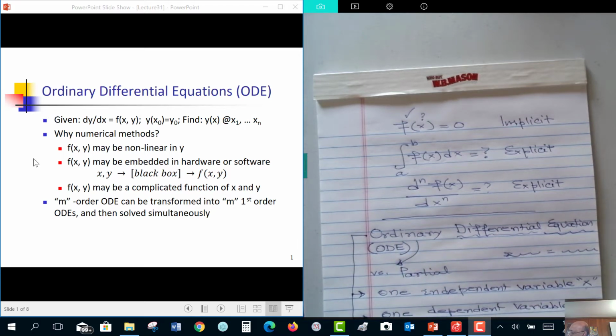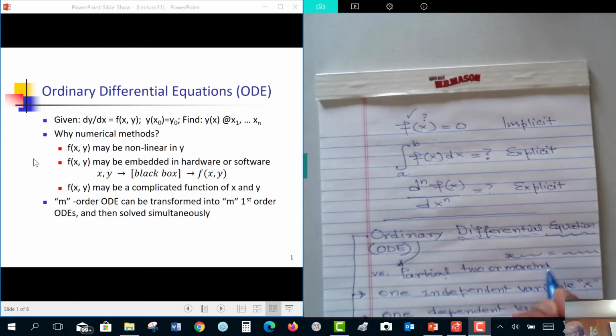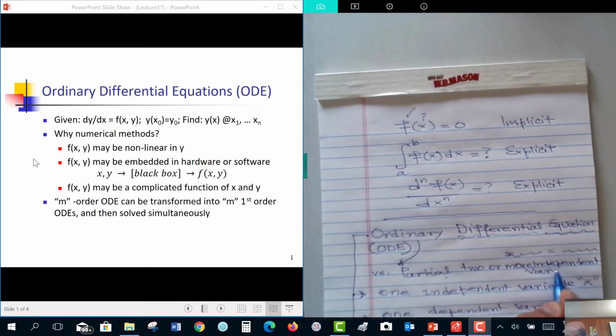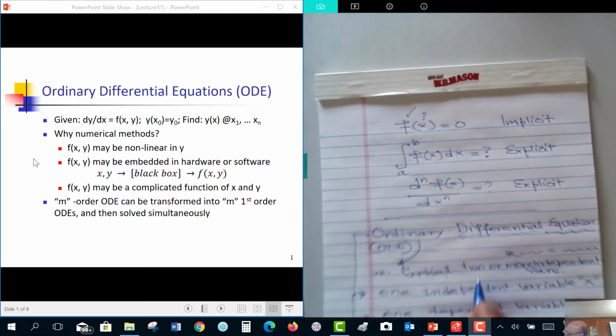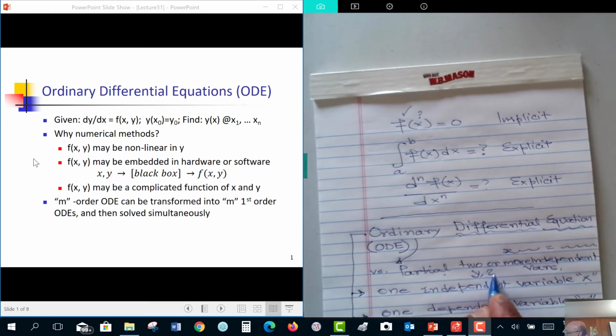Let's quickly cover partial differential equations. Partial means we have two or more independent variables. So let's say they are y and z.